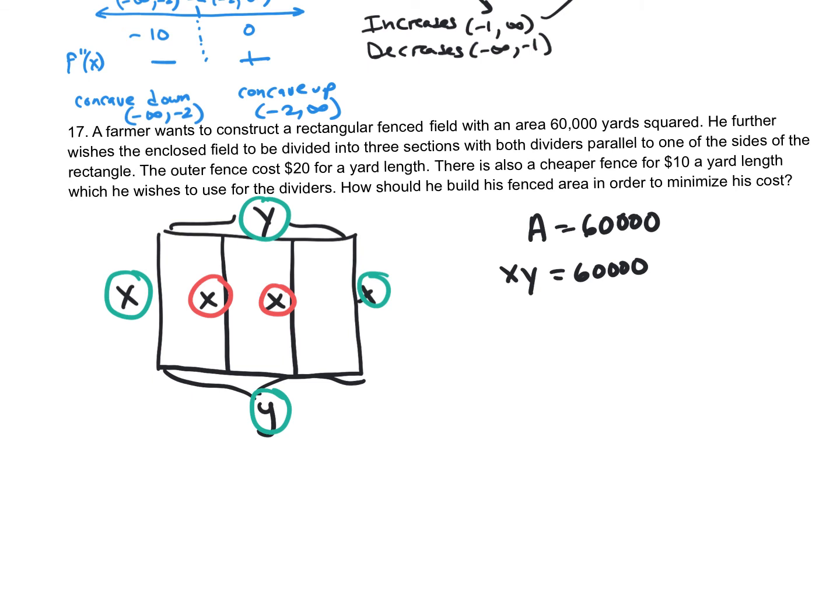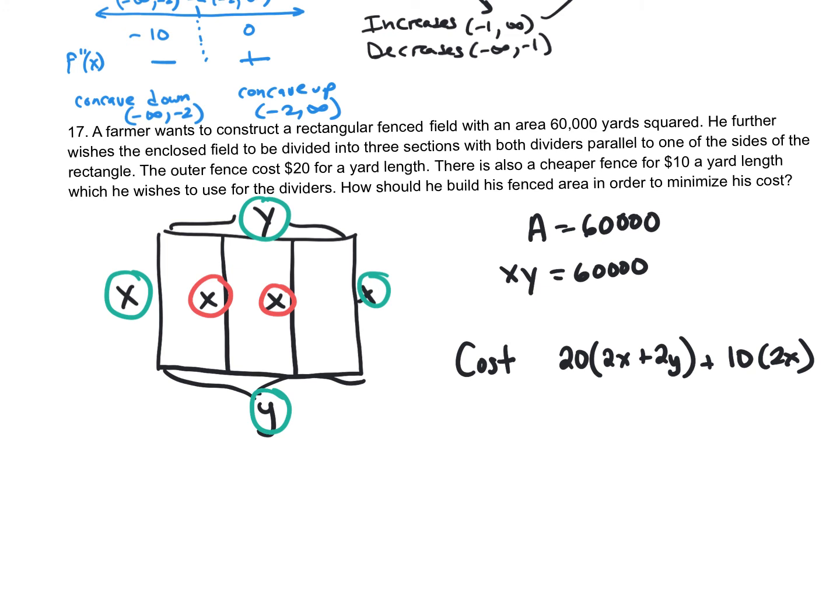So if I try to do a cost equation, I need $20 for the outer edge, and how much fencing do I have? Well, I have 2x plus 2y. That's just the top 2 and the side 2. Plus $10 for those 2 in the middle, for the 2 red x's.